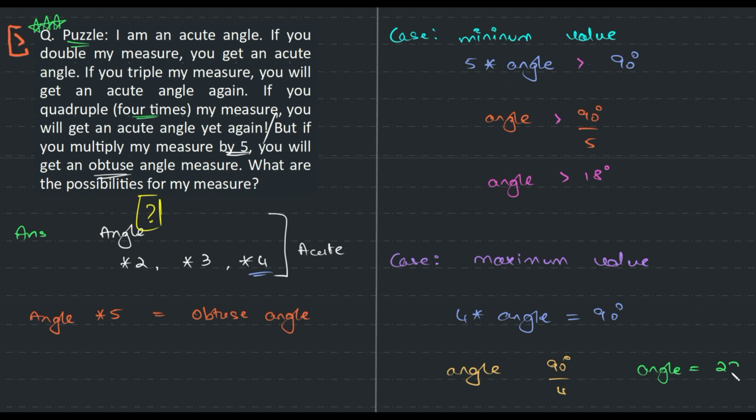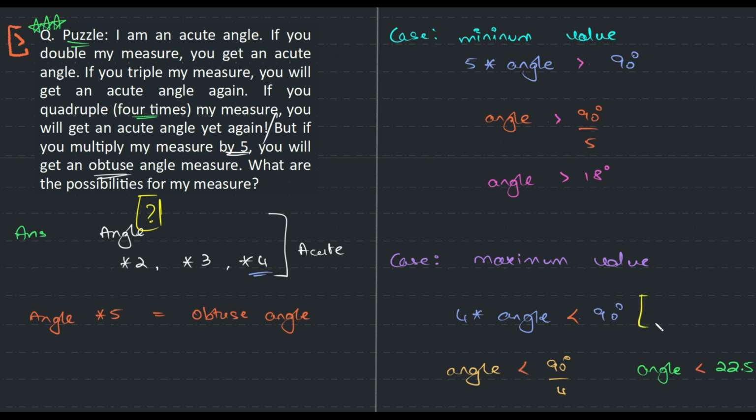Should I continue with decimal? Okay, let it be 22.5. Is that right? 4 2s are 8, then 10, 4 2s are 8, 2, 5. Okay, correct. But remember, this has to be lesser than 90 degree because only then it will be an acute angle.